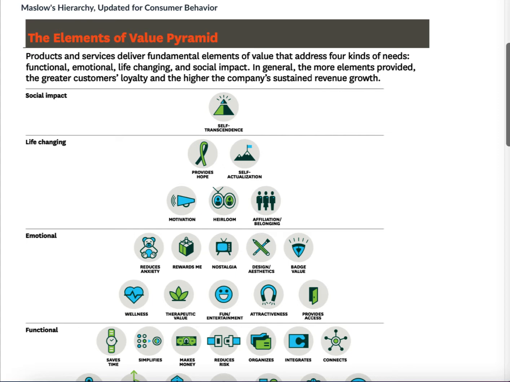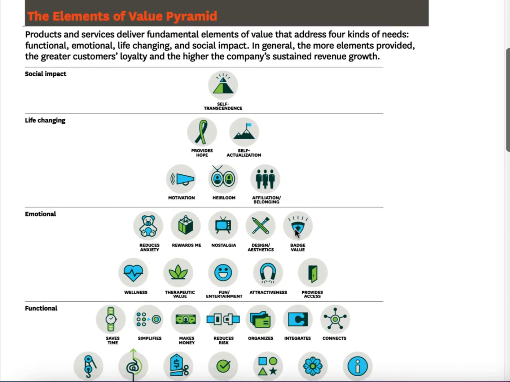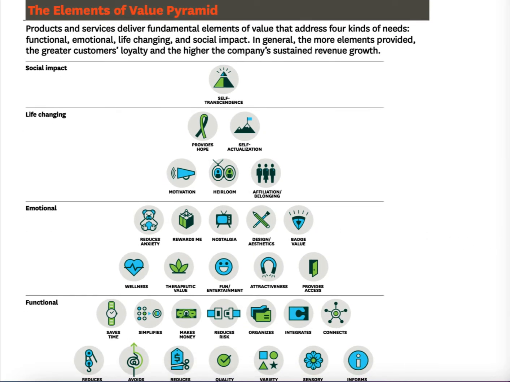However, more recently, a group of researchers have extended this hierarchy, specifically focusing on people's behavior as it relates to products and services, and identified 30 elements of value, fundamental attributes that tap into modern consumers' most essential wants and needs. So we can see this displayed here, this new pyramid containing the essential elements of value.